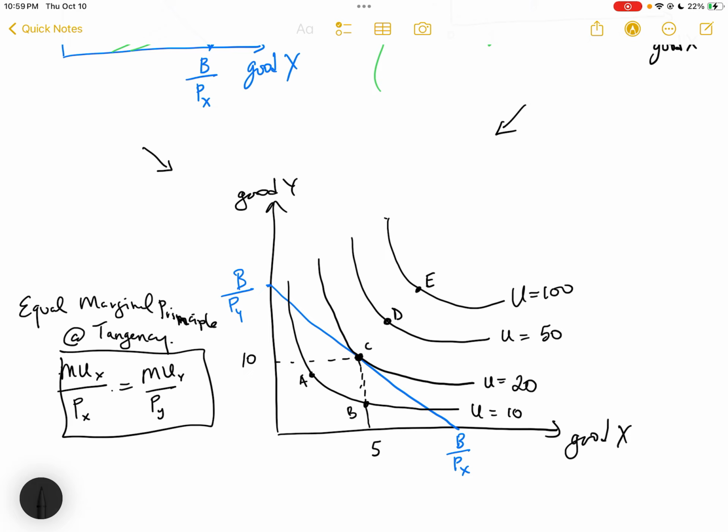Maybe someday I will do another video to show you how that math is done. But if you are in principles, we don't necessarily show that math. But if you're in an intermediate microeconomics class, you will see that math.